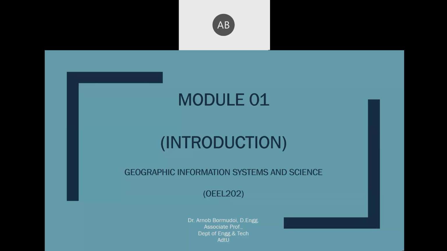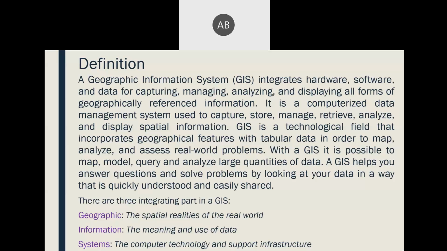So, first of all, welcome to this open elective course, GIS and Science. Are you accustomed to GIS before? Have you learned about GIS? What attracted you to the subject?